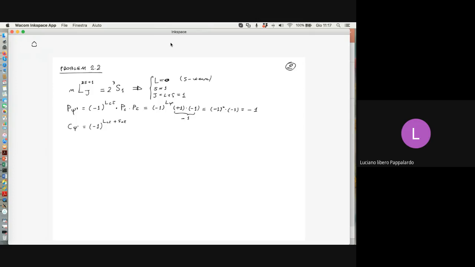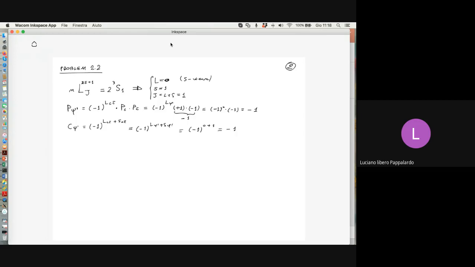Not only the spatial component, but also the spin component, because, of course, quarks are fermions, so they come with spin 1/2. And so this is -1 to the L of the psi prime plus S of the psi prime. That is -1 to 0 plus 1. And so this is -1.